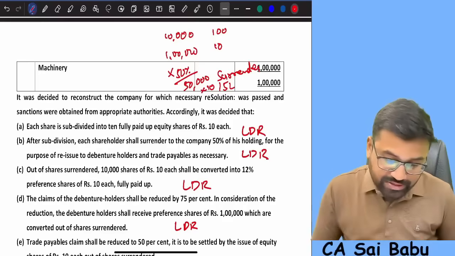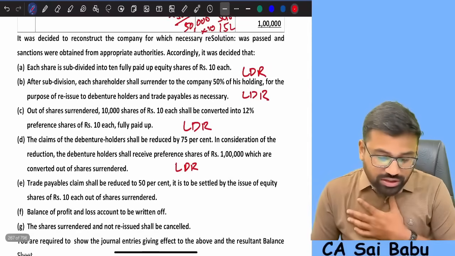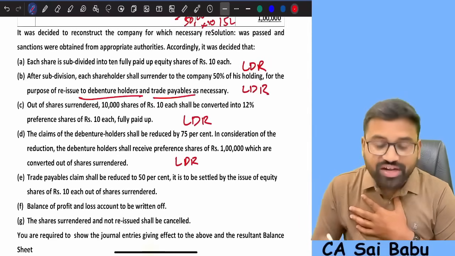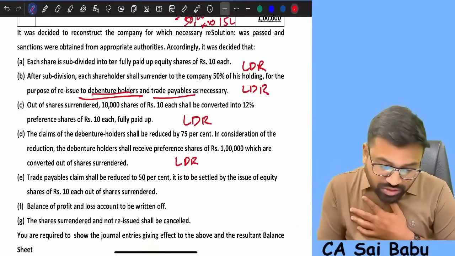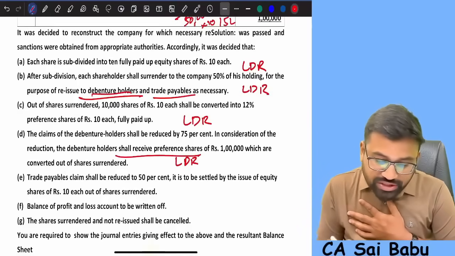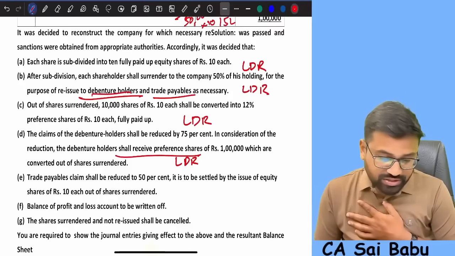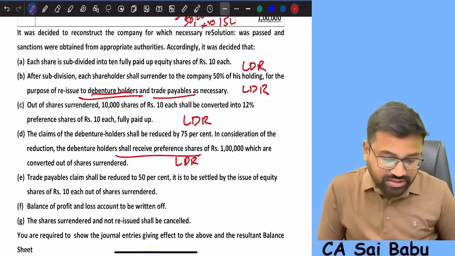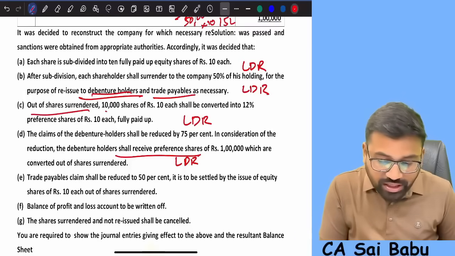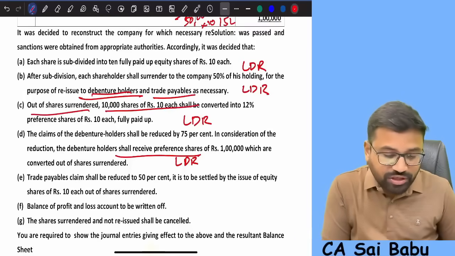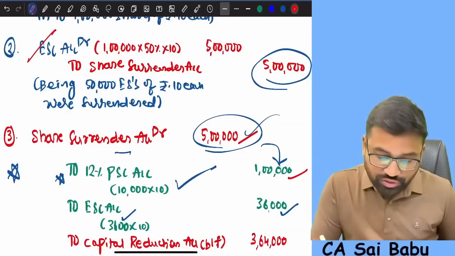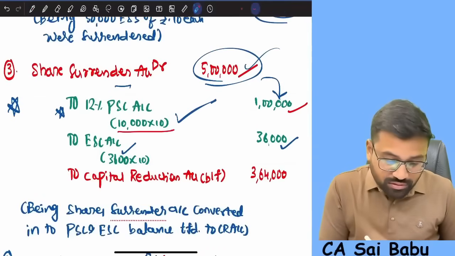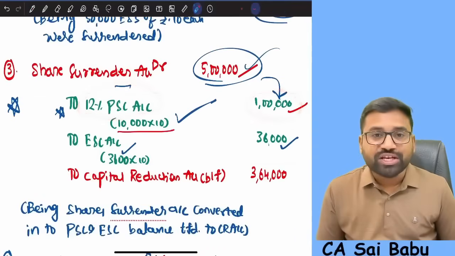Now see what happens. This share surrender is utilized to settle two things. One is debenture holders, another one is trade payables. Now debenture holders will take preference shares. How many preference shares will we convert from share surrender? Out of the share surrendered, 10,000 shares of 10 each shall be converted into 12% preference shares. So from share surrender account, 10,000 shares of 10 is converted into 12% preference share capital, 1 lakh.